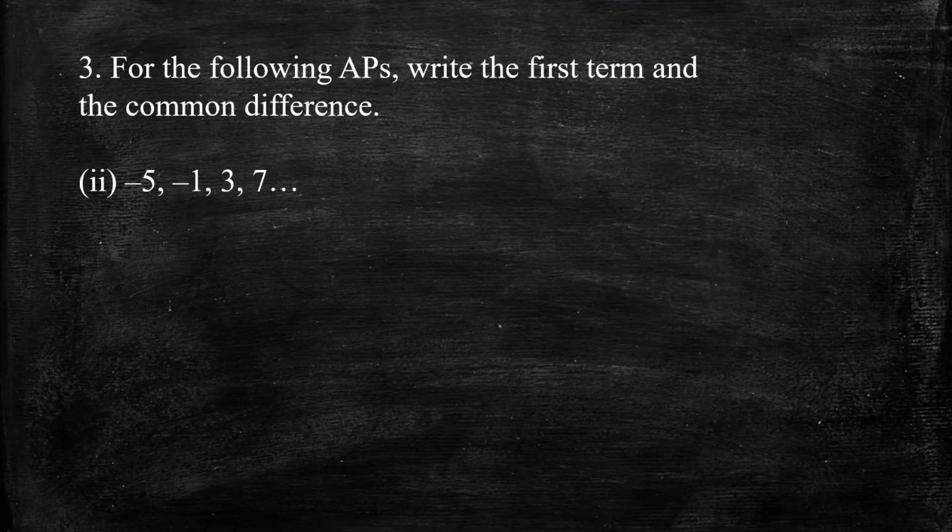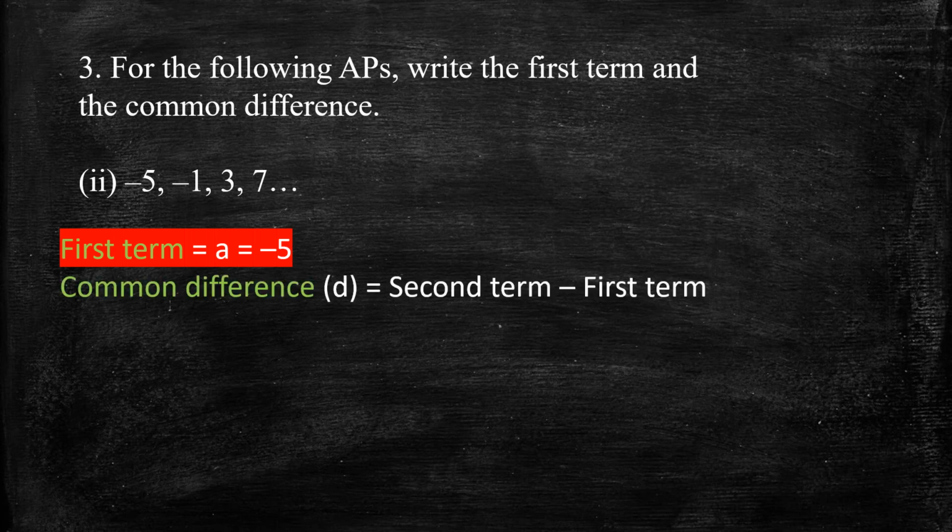Third main, second question. Minus 5, minus 1, 3, 7, and so on. So what is the first term? First term is minus 5. What is the common difference? It is the difference between any term and its preceding term. So second term minus the first term or the third term minus the second term.